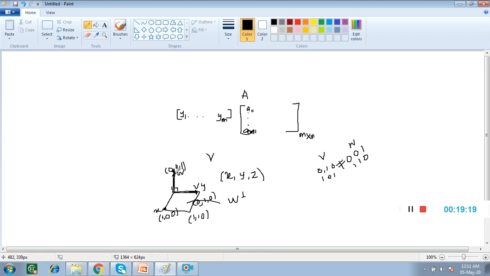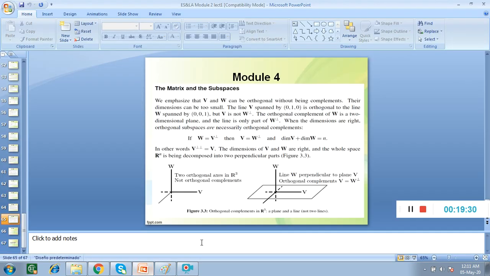And sometimes axes like y and z are also perpendicular, even though they are not complements of each other. That is being indicated here.